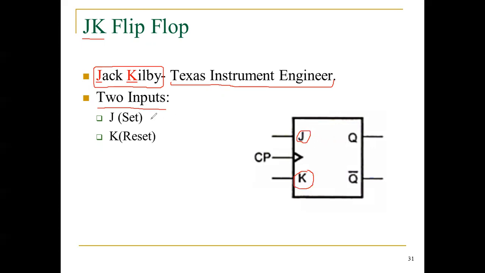It also has a clock pulse to enable this flip-flop during its operation, and it has two outputs. One is called the Q output, another is called the Q bar output.